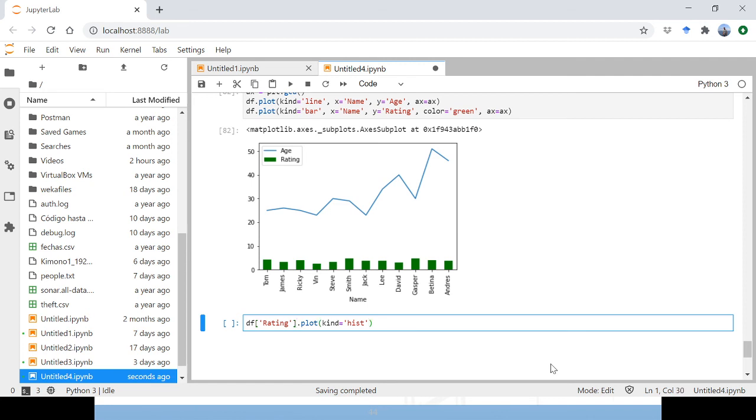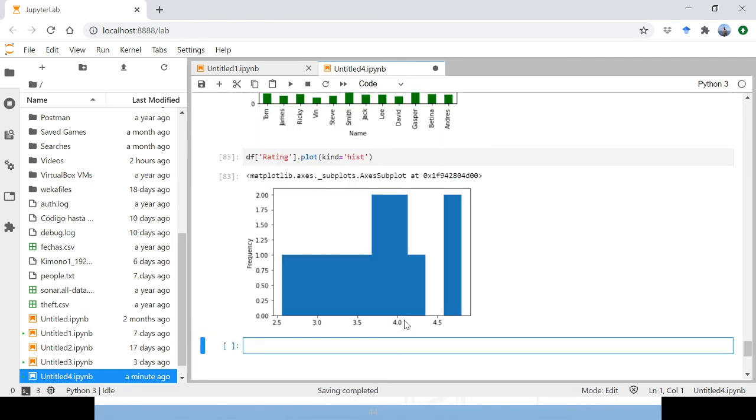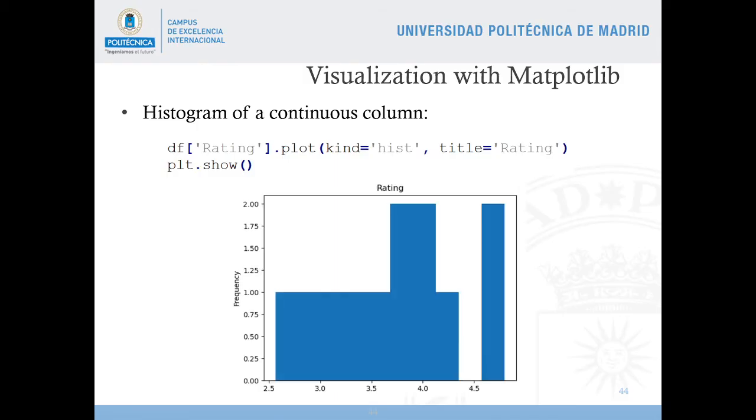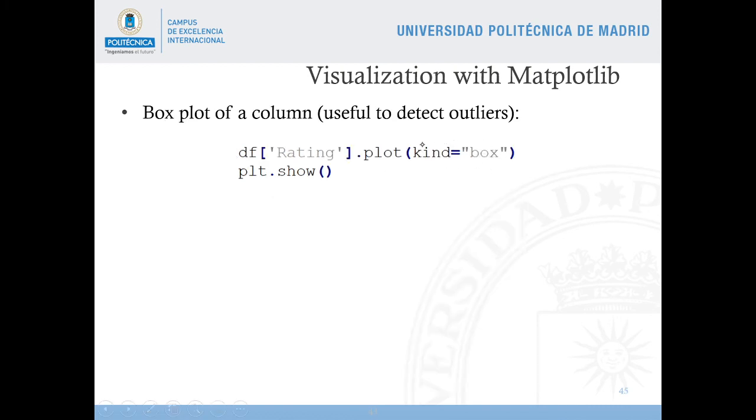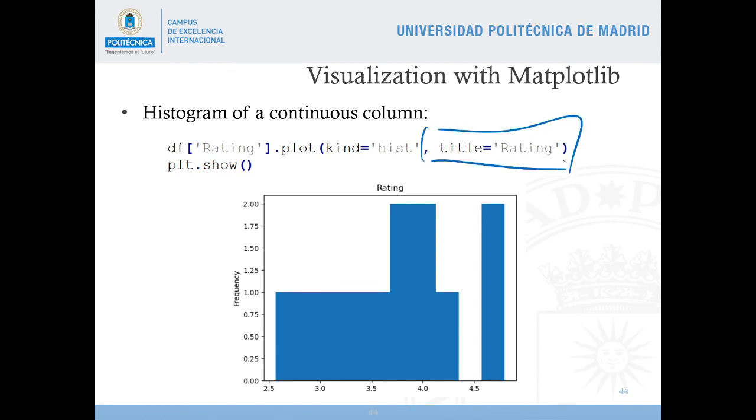We cannot specify it here because the histogram can only be plotted with a series. So we need to specify it by accessing the column of the data frame. Okay. Here you have also a title that I didn't write, but it's the same.